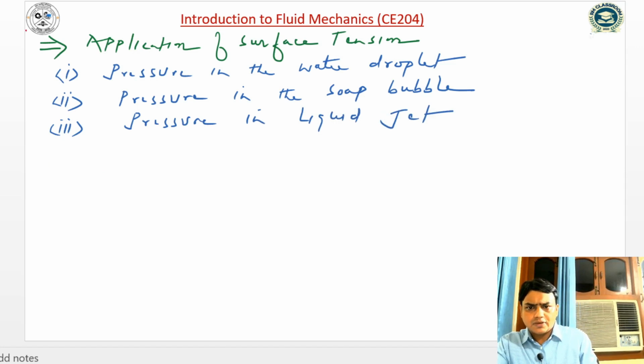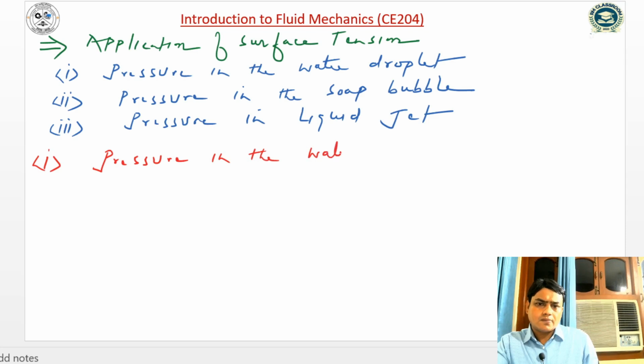The first one is pressure in the water droplet. Let us assume this is the water droplet, and the shape of this water droplet is spherical. Why?